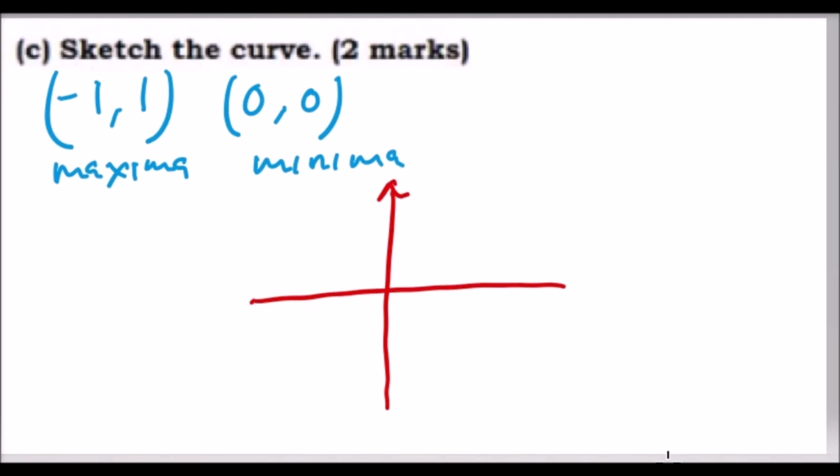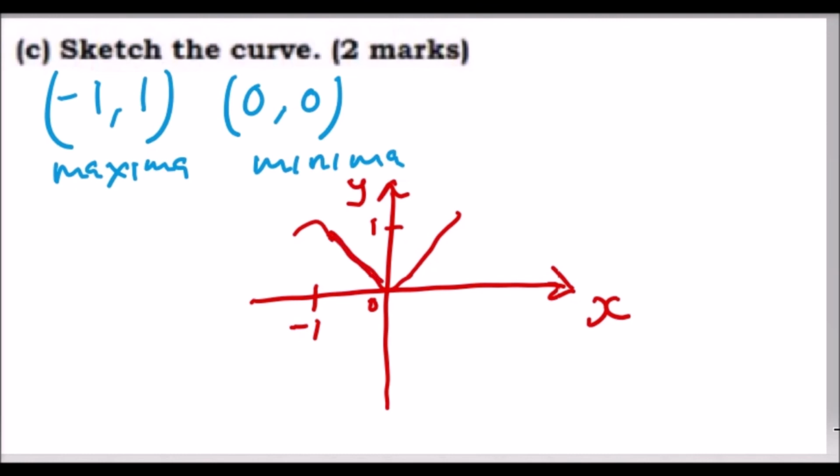So you make a y and x axis. This is 0. We can say this is minus 1, and we can say this is 1. So one of the turning points is there, and the other one is at 0, 0. If you combine this, you'll be able to come up with a sketch of that graph.